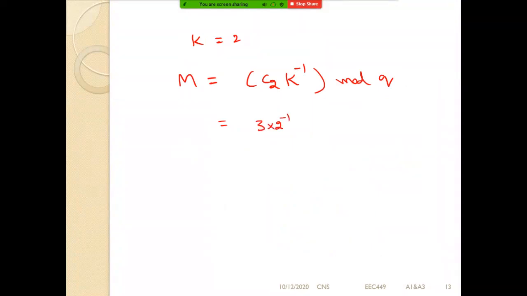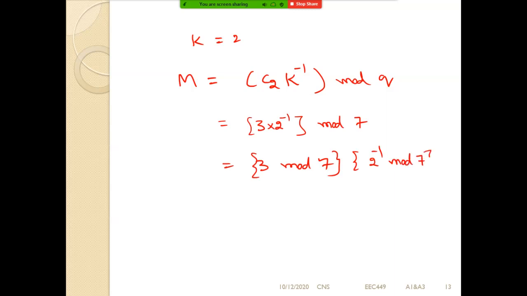This is the multiplication, okay? Mod 7. So we cannot directly find 3 by 2 mod 7. Now I'm going to do it like this: 3 mod 7 into 2 inverse mod 7, and overall one more time mod 7. Can we do it like this? Yes or no?